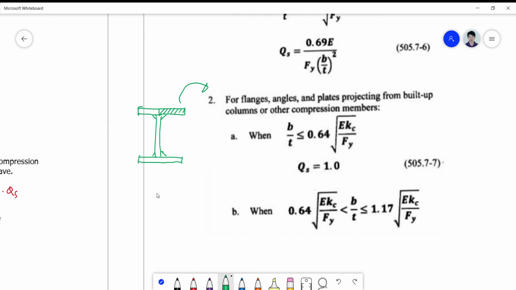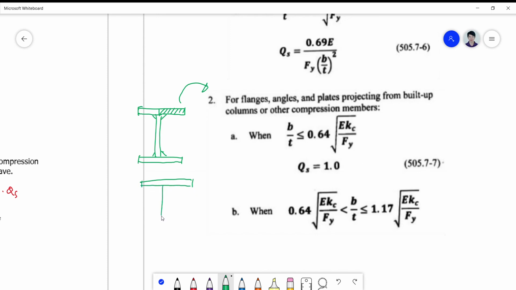You can also make use of other sections using angle shapes, other shapes or plates, projections, let's say for T's, no?